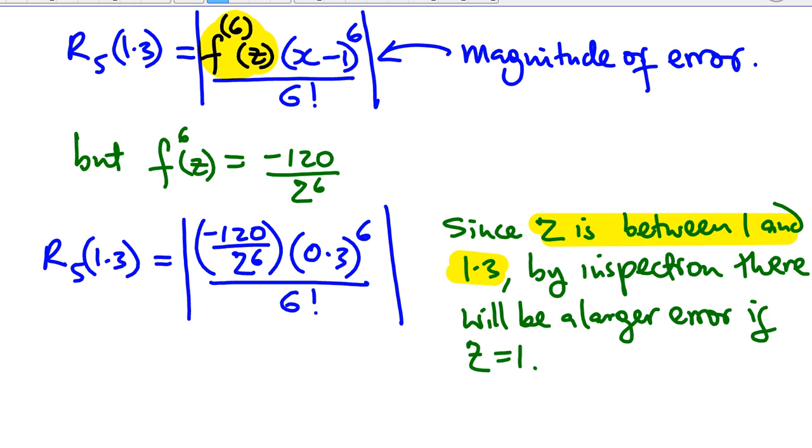What we are trying to do here is use this error term to determine an upper bound to the error in this approximation, the maximum error.